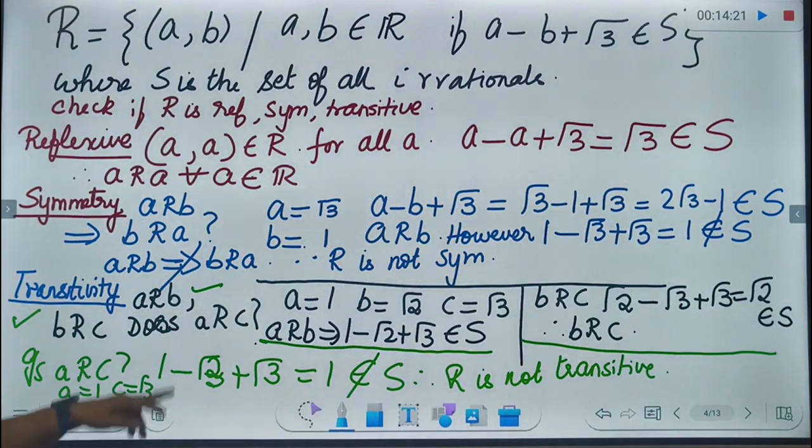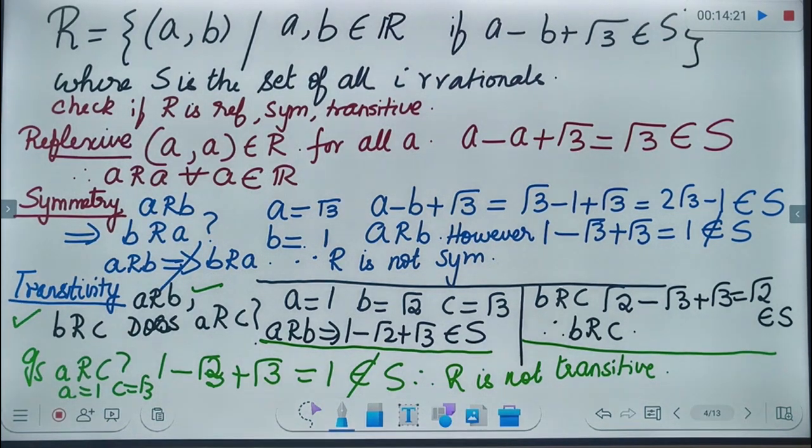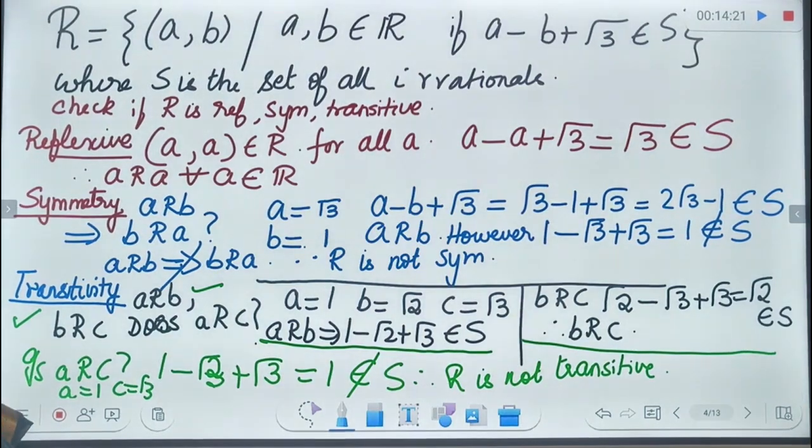So, it is reflexive, neither symmetric nor transitive. Is it clear?